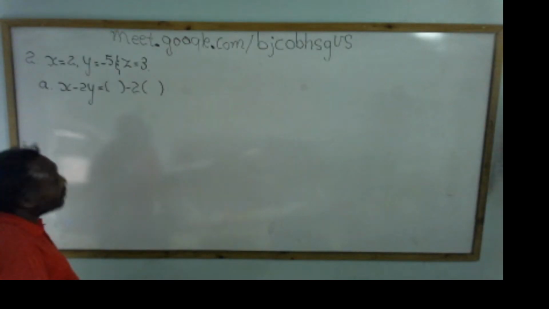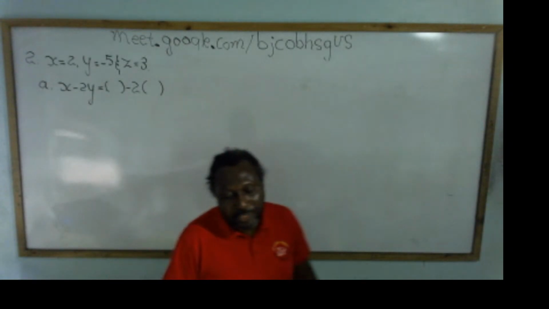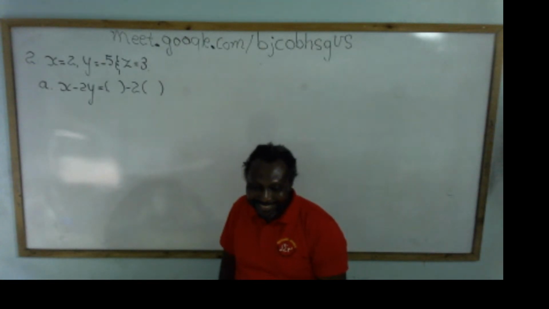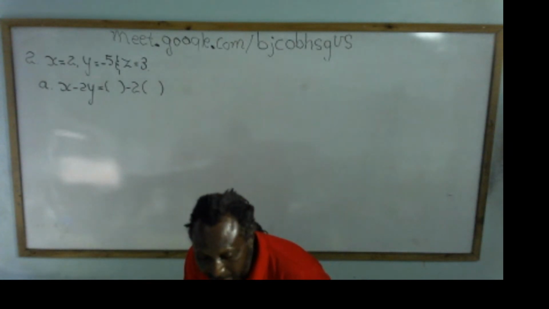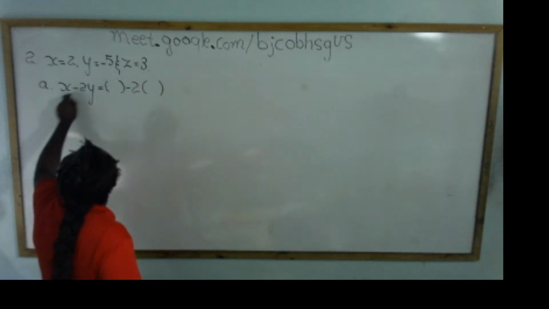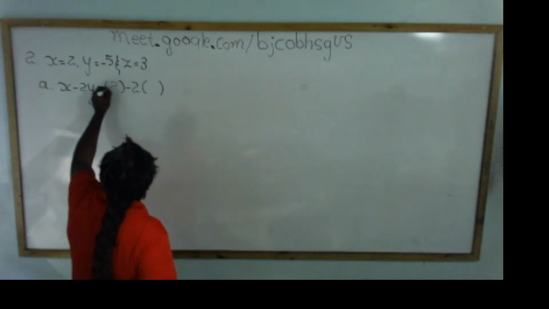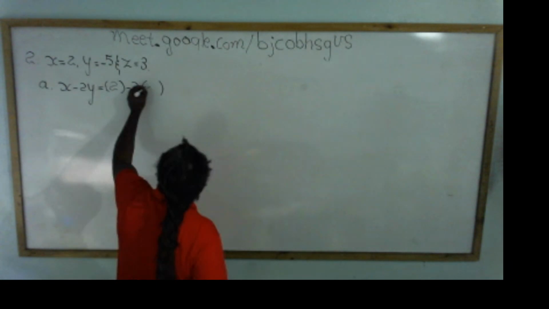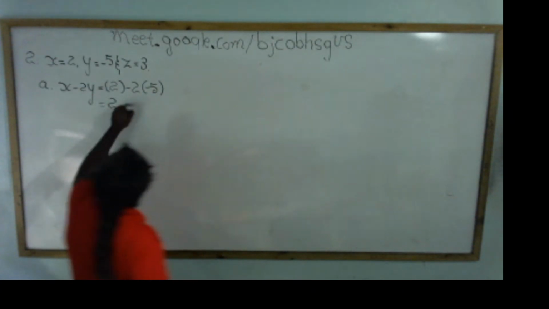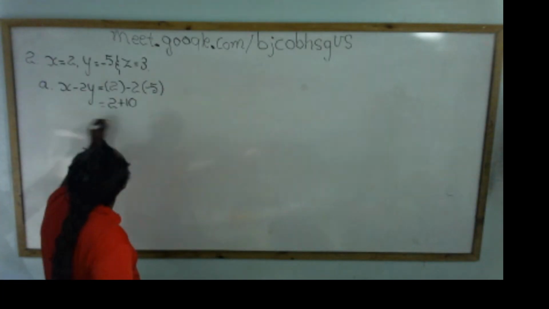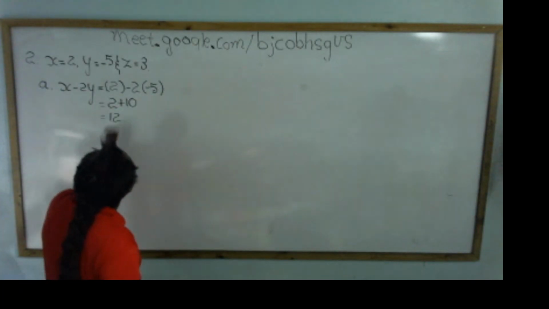The template has the potential to reduce errors by trapping the negative sign. So x is 2 and y is -5. And there you go. 2, then negative times negative is positive, and your result is just 12. And that's interesting.